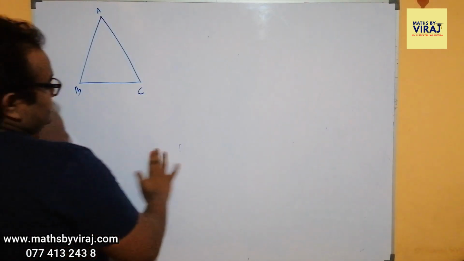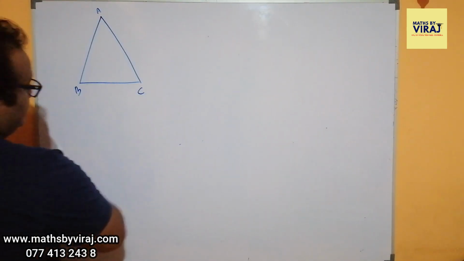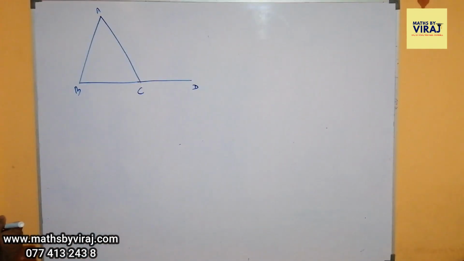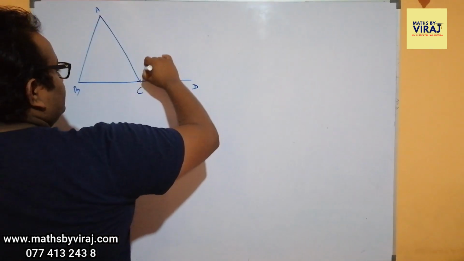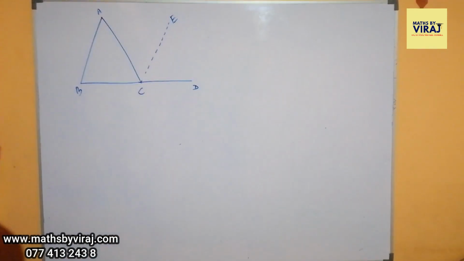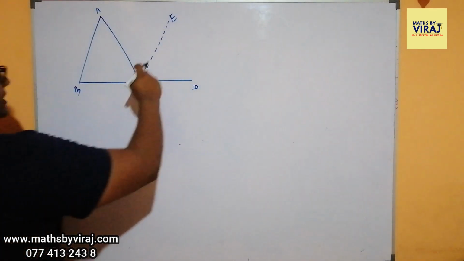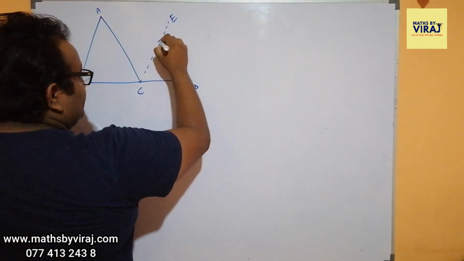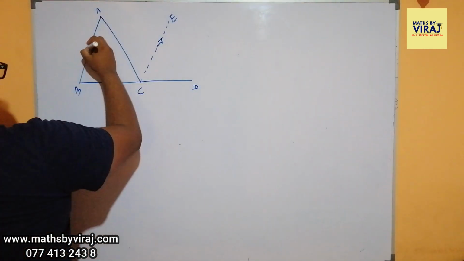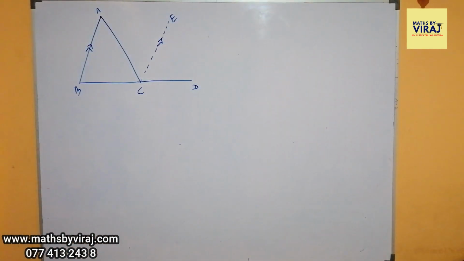Now what I am going to do is I am going to extend the line BC further up to D. Then I am going to draw another line from C and mark it as E. I draw the line CE in such a way that line CE is parallel to line AB.